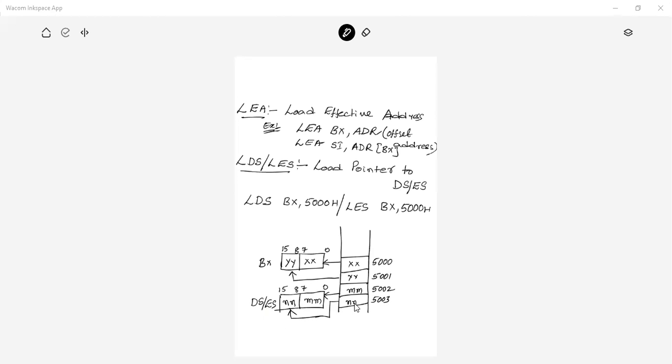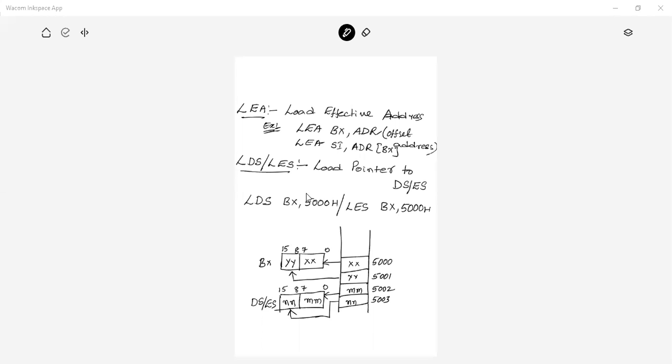You don't think this is some name or something. No, it is the address, the base address. So here the base address is copied into the DS or ES, and BX is loaded with the content available in 5000 and 5001. Any doubt in this?